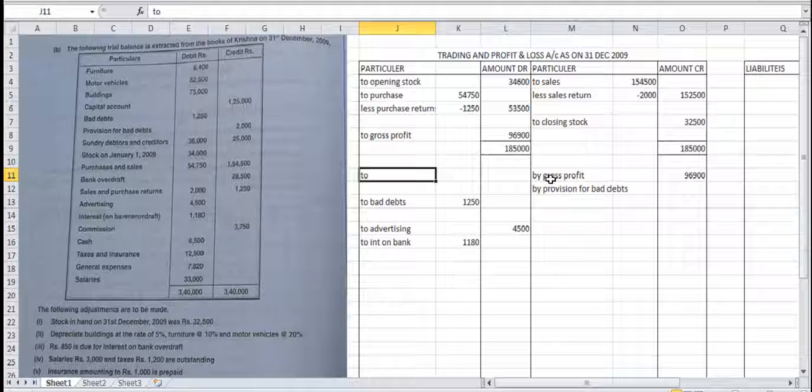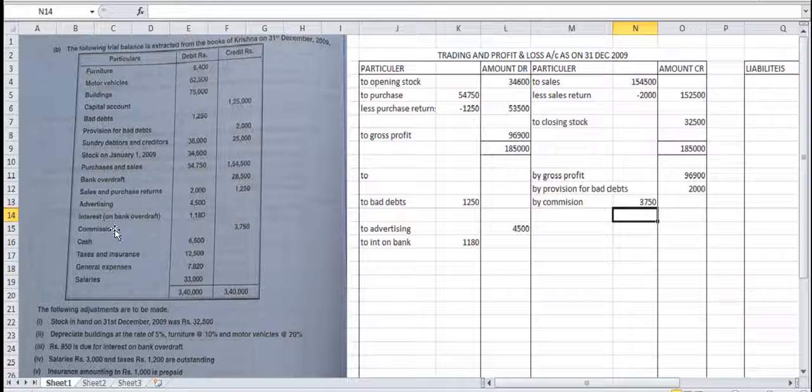Commission, it's a receipt, is an income. Bad debts is a 2,000 amount. By commission, actually on commission we have some adjustments, so 3750, we'll see it later in adjustment. Then cash is an asset, taxes and insurance.